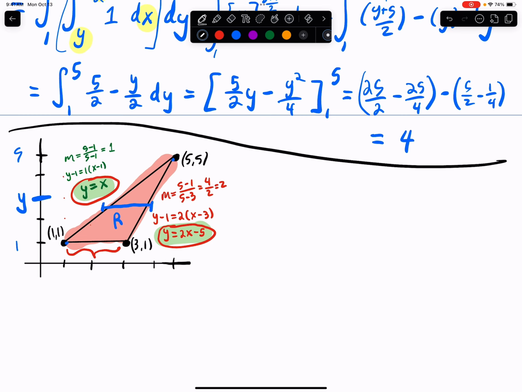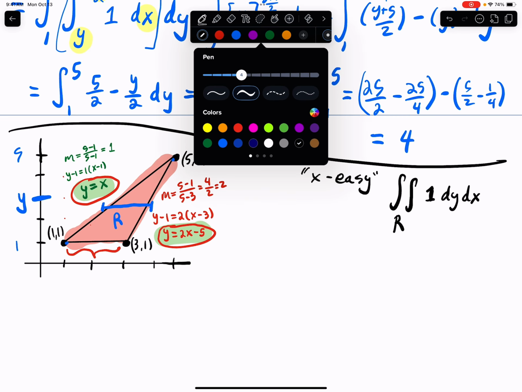Okay, so if I did x easy, all right, what does that mean? That's the double integral over the region R of 1, and then it's dy dx.